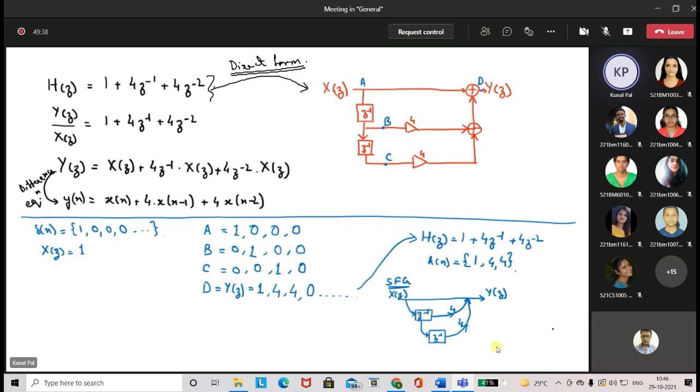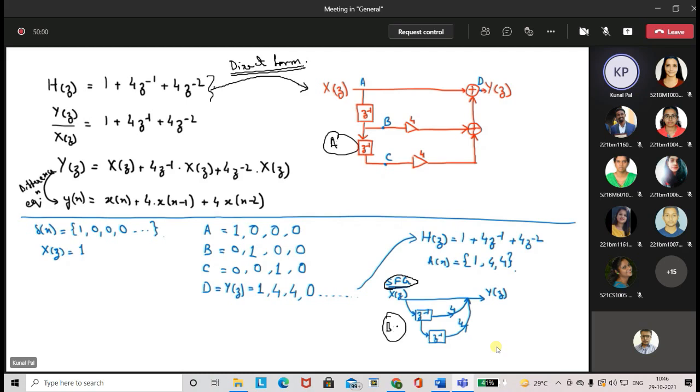Related to the direct form realization, there is another entity regarded as the signal flow graph, and it shows how the signal would flow. If you see A and B, the signal flow graph and the realization would look similar.